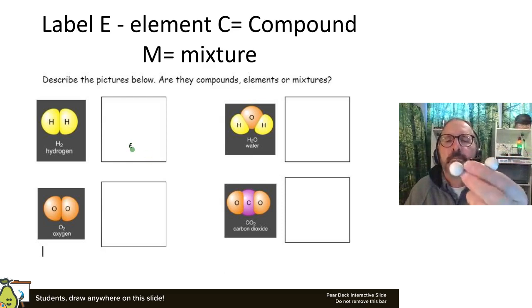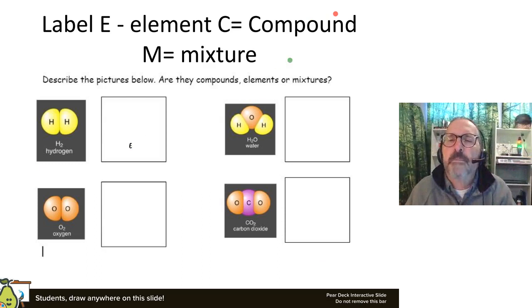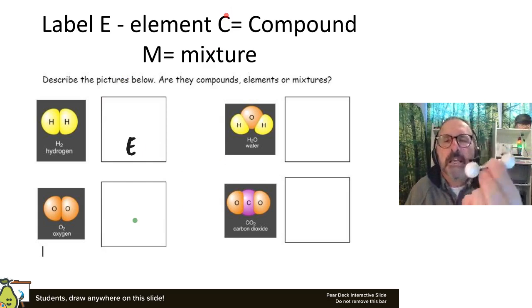Letter E. Yep. You might want to go to the styles up here, Kamaya. If you click on the styles, it'll go to a larger one, and then you can make a larger letter in there. All right, there you go. Excellent. So here is an element of hydrogen; it comes in 2, H2 hydrogen.